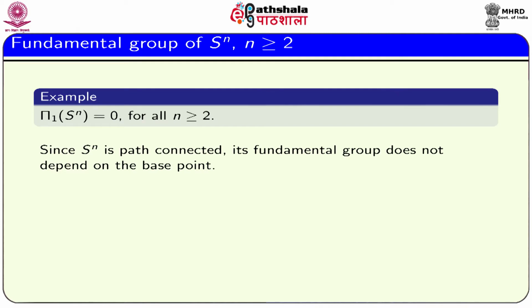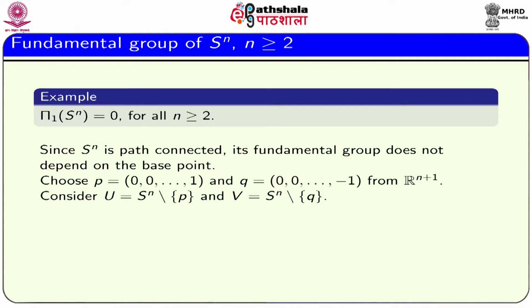Now we use this theorem to show that the fundamental group of Sn is trivial whenever we take n greater than or equal to 2. Now since Sn is path connected, its fundamental group does not depend on the base point. Now we choose two particular points.